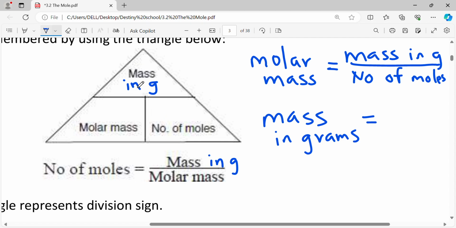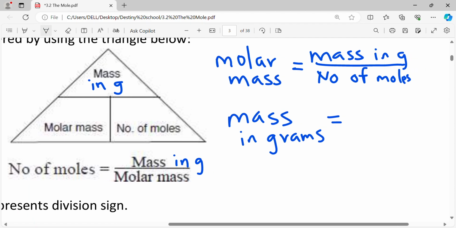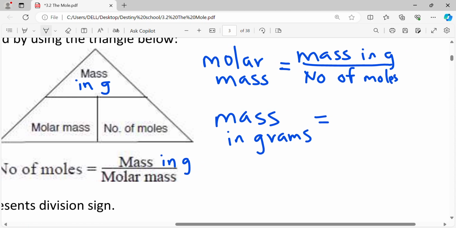So if we want mass in grams, it will be multiplication. If you try and block mass in grams, you look at what is left on the lower side.